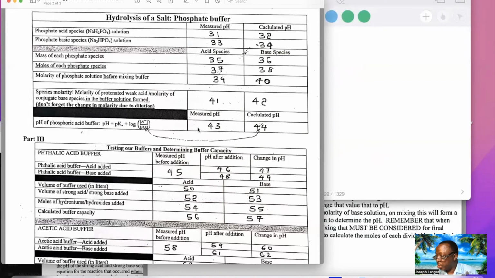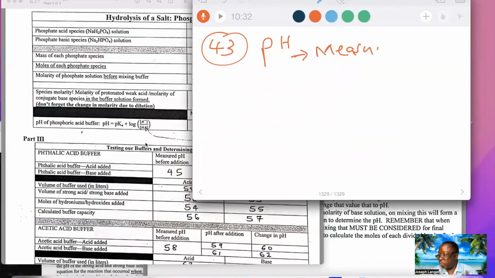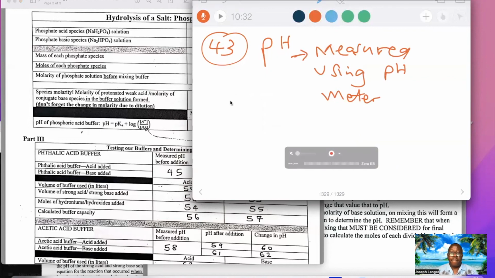This one is measured using a pH meter. And then calculated 44.